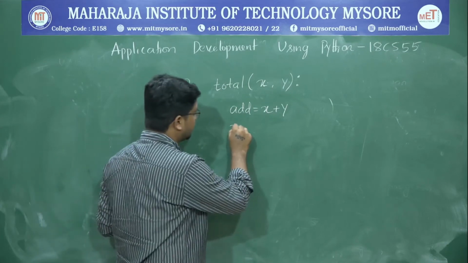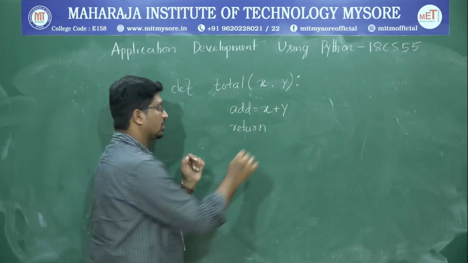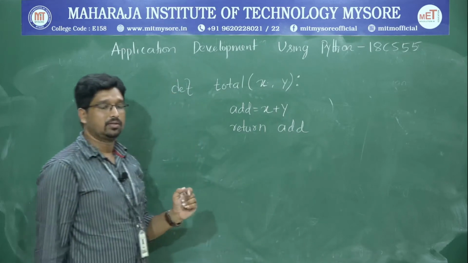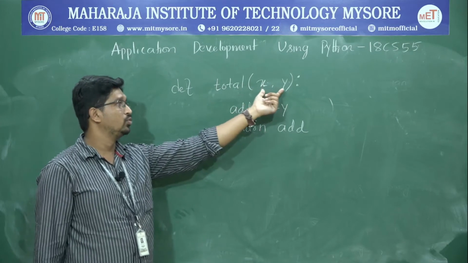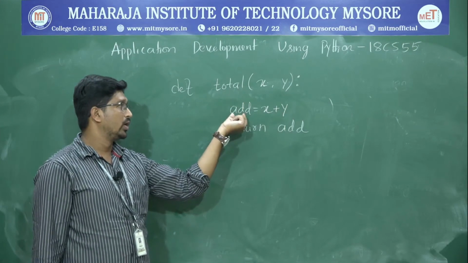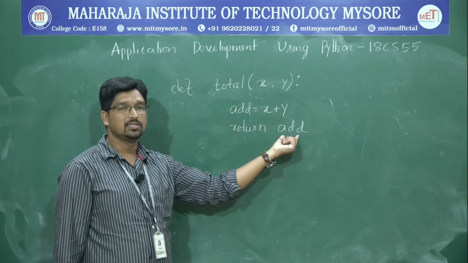Correct? So for that I use a return statement, the return keyword. Return add. So I have the function name, title, and two parameters. The two parameters get added and are stored in the add variable. Then I am giving back the result.